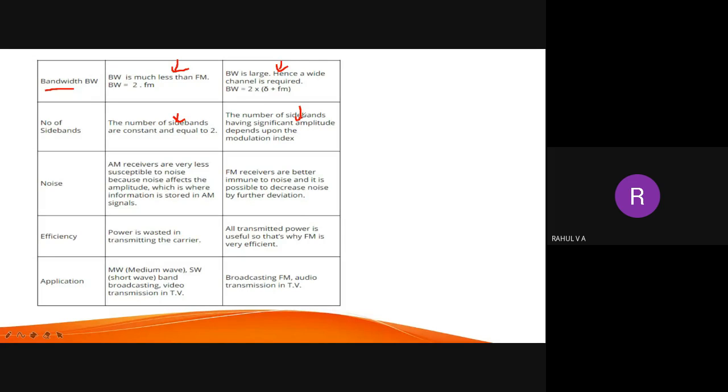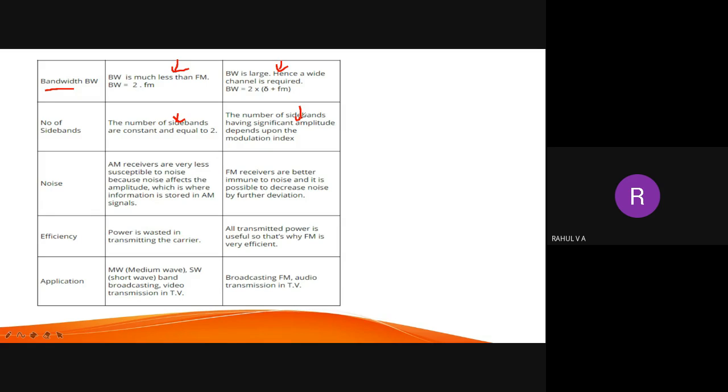And noise: AM receivers are very susceptible to noise because noise affects the amplitude, which is where information is stored in an AM signal. FM receivers are better immune to noise, and it is possible to decrease the noise by further deviation.